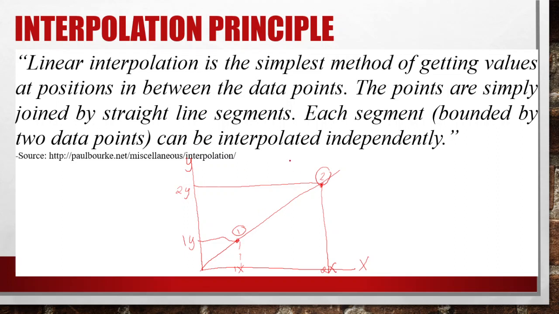And what I mean by that is at positions in between the data points. So if you are about to find point 3 here, with a value of 3x on the x-axis and a value of 3y on the y-axis, it all has the same slope.